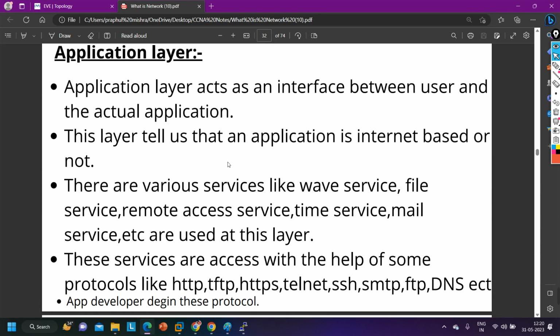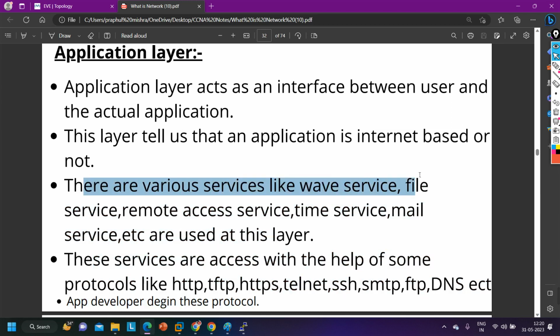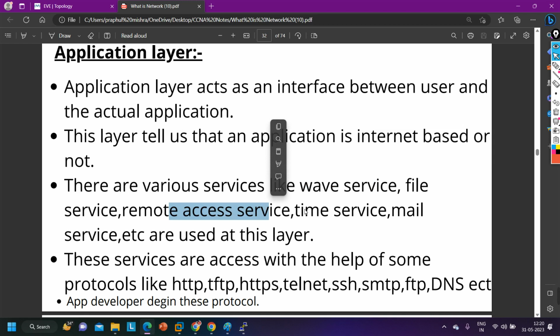There are various services like web service, file service, remote access service, like we have configured Telnet just now.